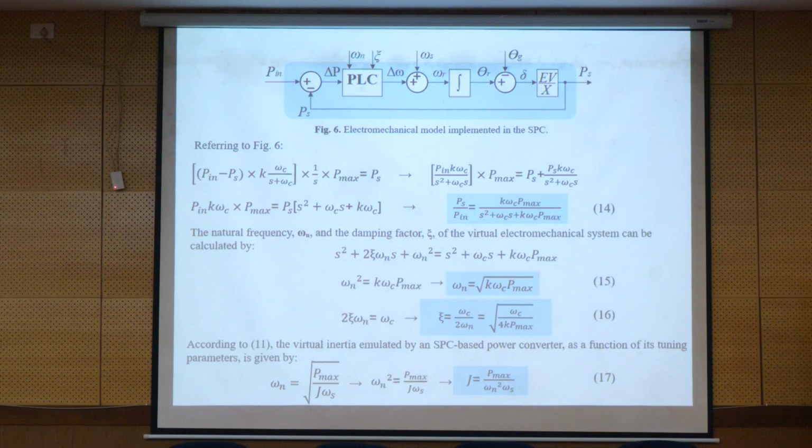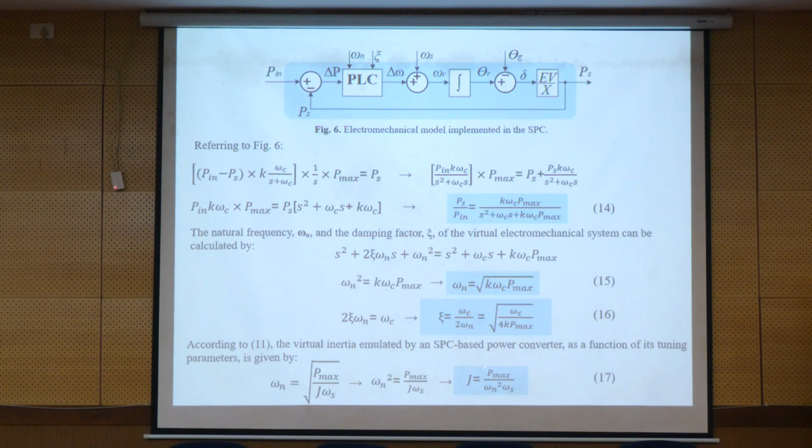So anyway, now we know that we can provide the inertia that we need to inject into the grid, and we also know the value of the damping factor. Do you have any idea about this equation? We know that this J is calculated by this, but how should we understand what the value of J is?